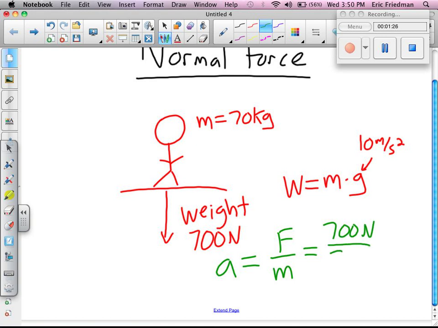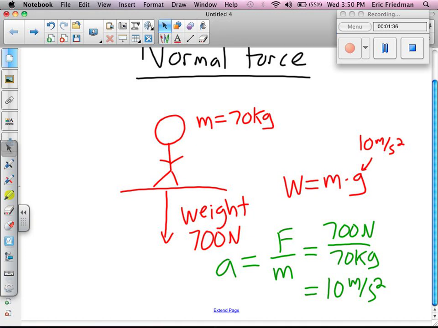I've got a force of 700 newtons divided by a mass of 70 kilograms. So I should end up with an acceleration of 10 meters per second squared. Well, that's an issue, because this person is standing on the ground, and clearly they're not accelerating at 10 meters per second squared. So we're missing something here.